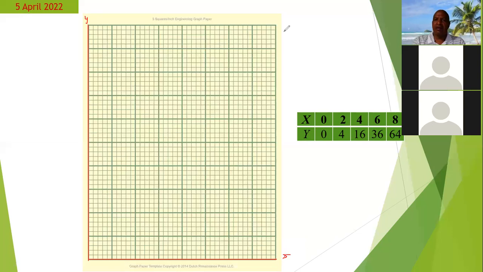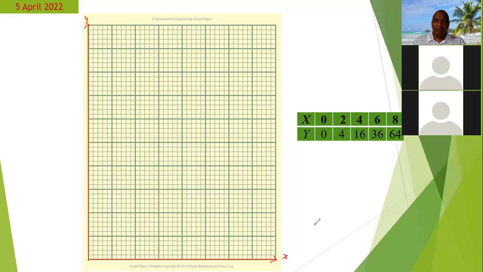So we put an arrow tip at the end of each axis to show that this line continues, all right? So you need to put an arrow tip on your axis, all right?